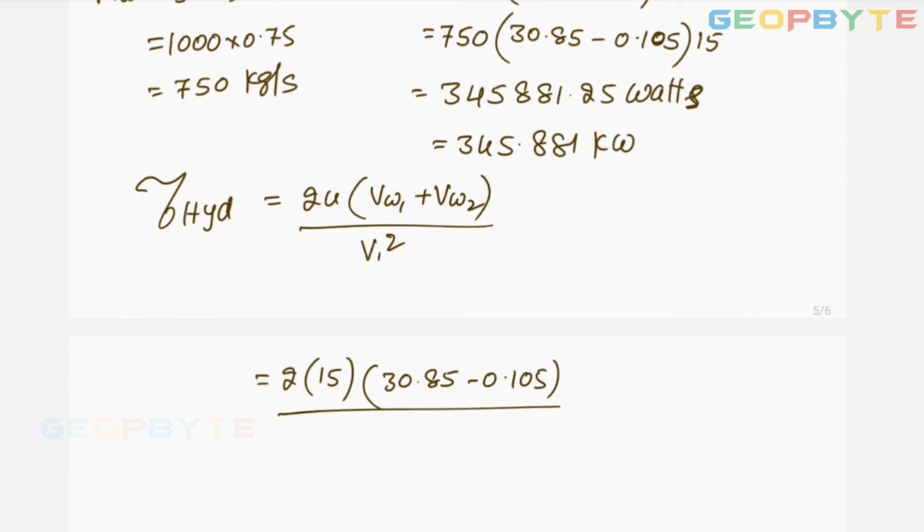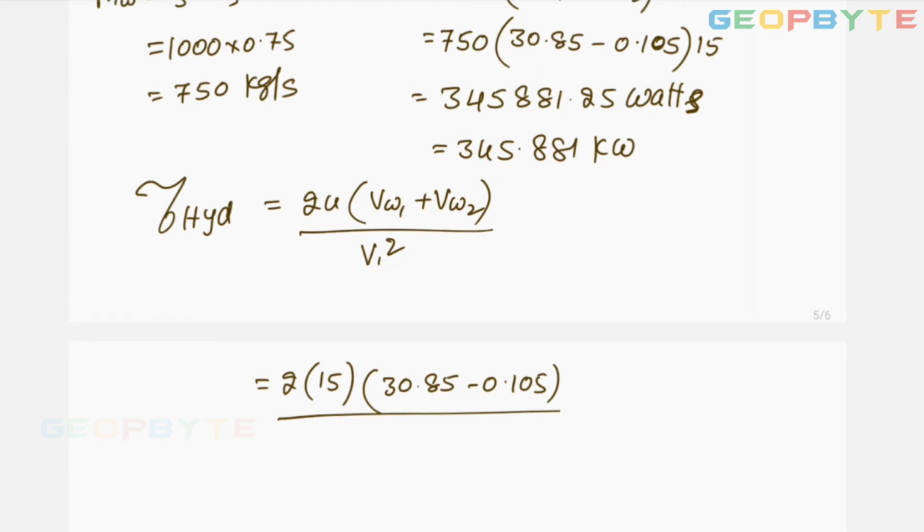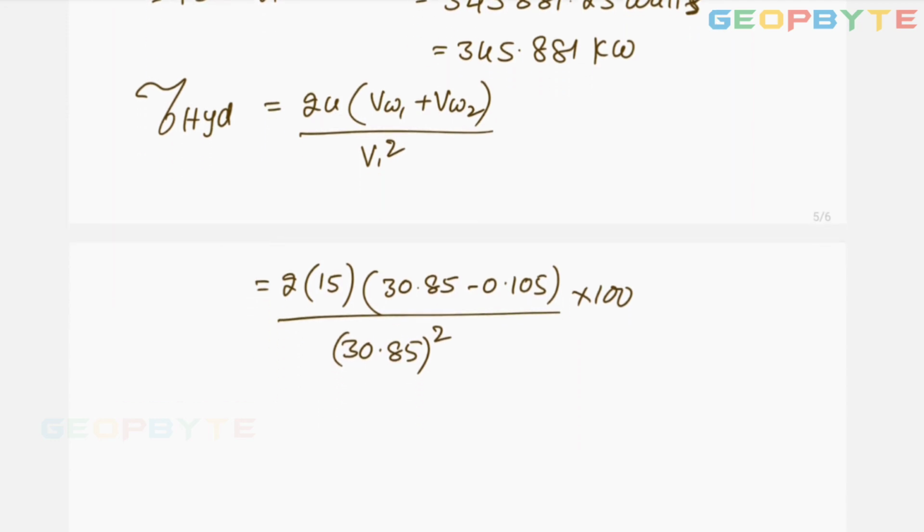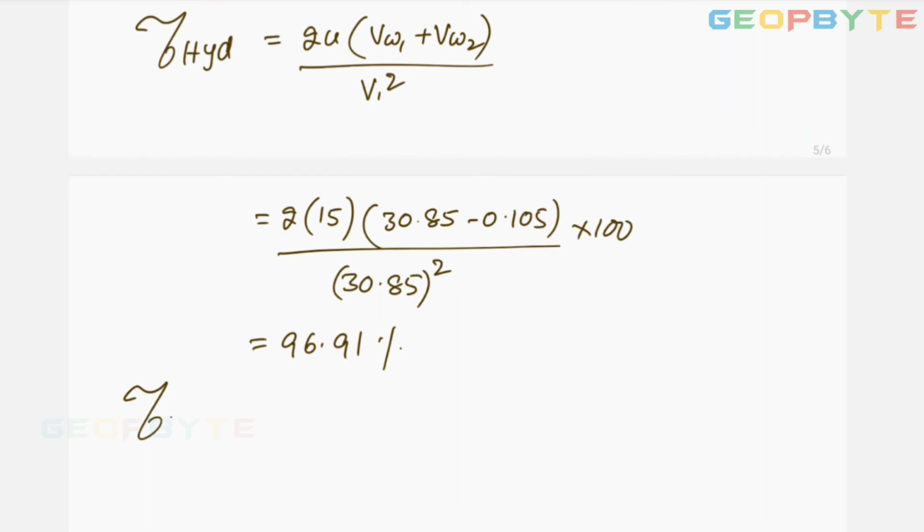Here V1 and VW1 both are equal. VW1 is 30.85. 30.85 whole square into 100. Simplify the value. Here I got 96.91%. Hydraulic efficiency is 96.91%.